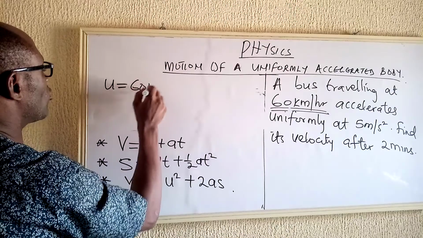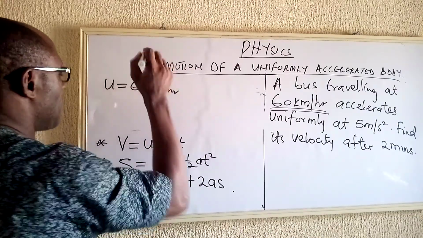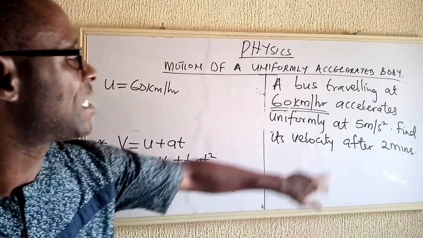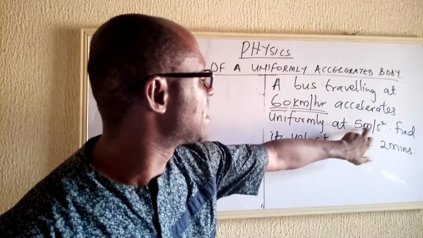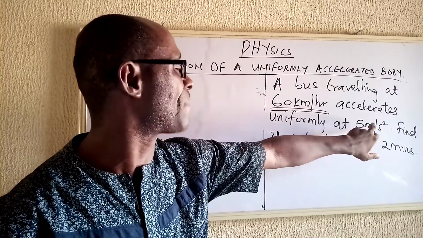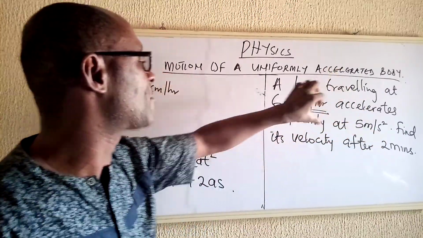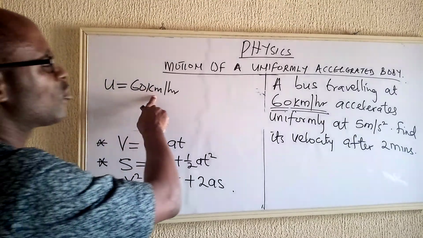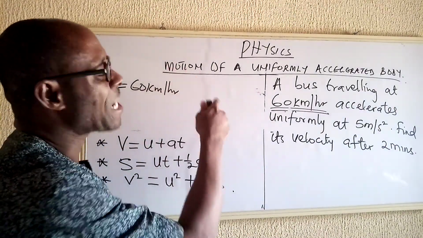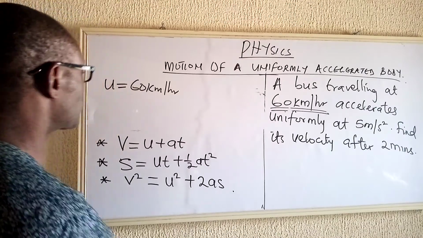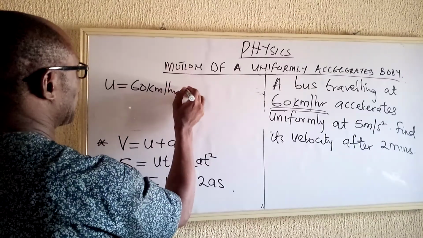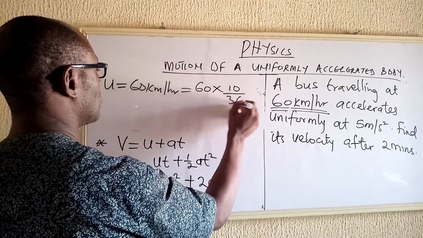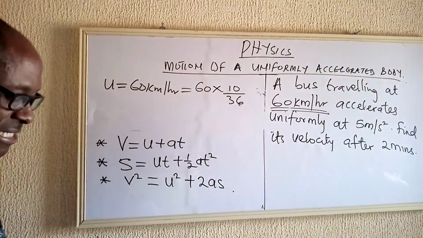U is 60 km per hour, but I need to convert to meter per second. Why? Because our acceleration given here is in meters per second square. So we have to deal with the conversion first. When you are converting from kilometer per hour to meter per second, you multiply by 10 over 36.